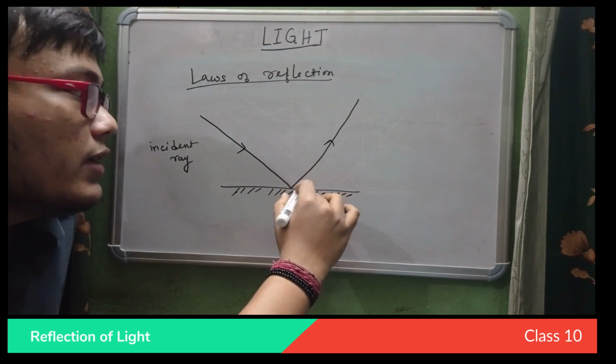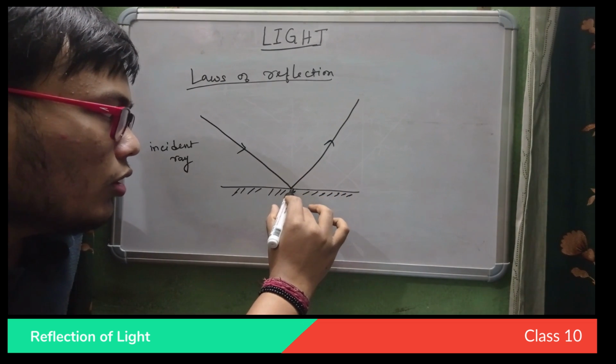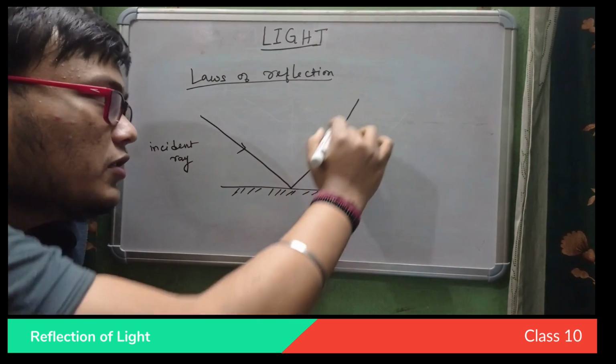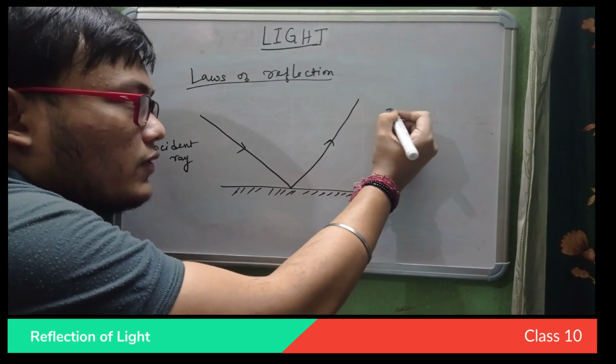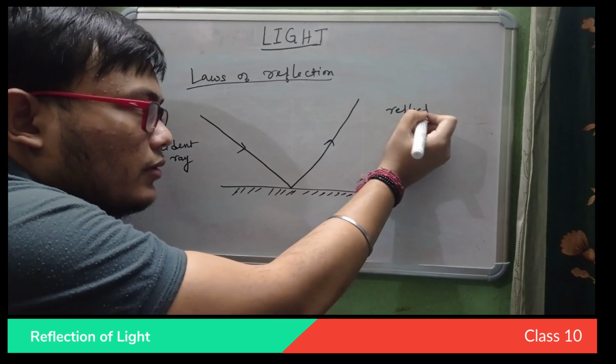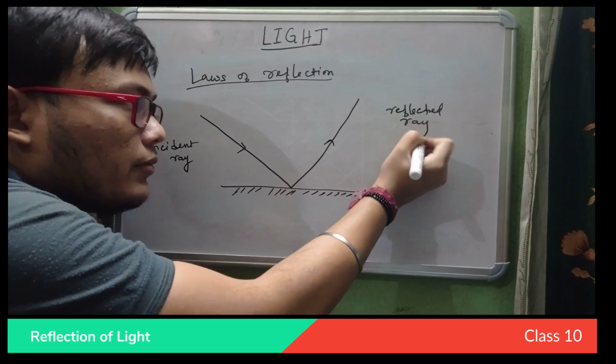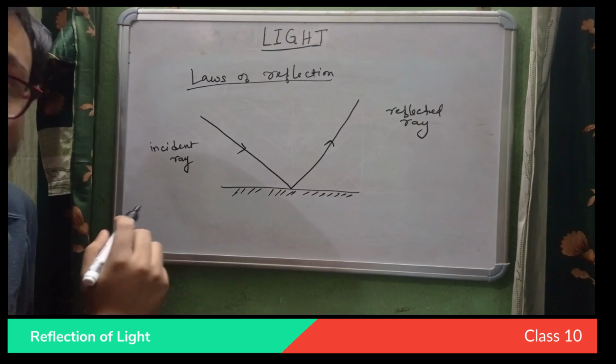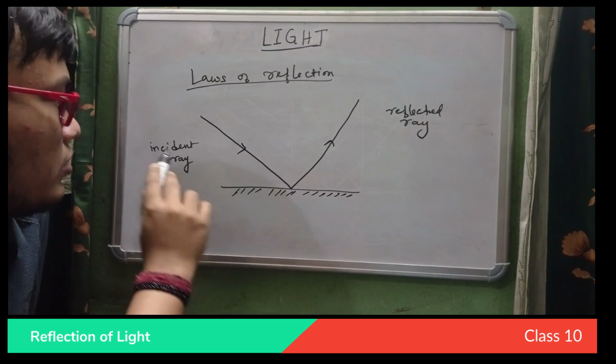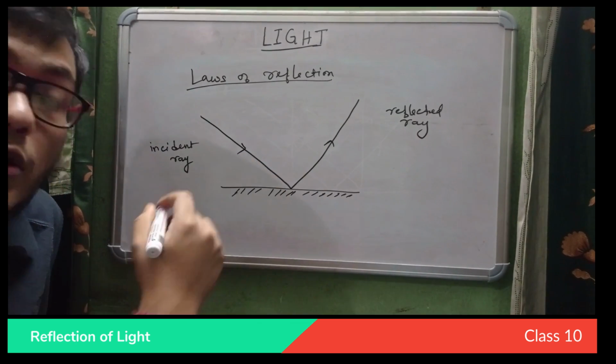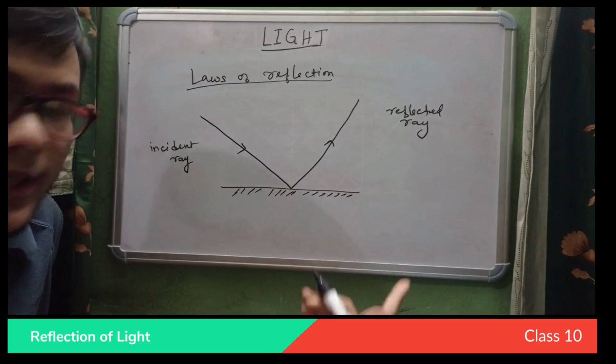And the ray which gets reflected from the opaque surface and is reflected back is known as the reflected ray. So the ray of light which falls on the surface is the incident ray, and the one which is reflected is the reflected ray.